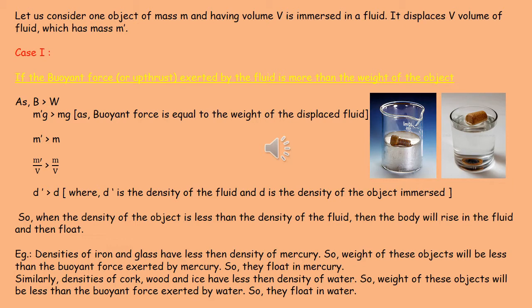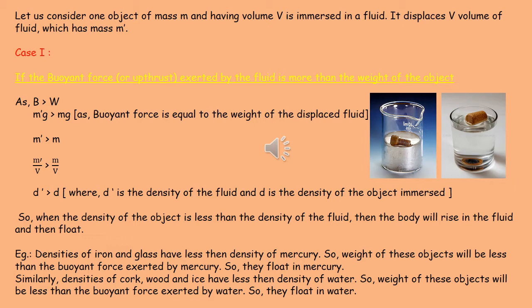It is assumed that the mass of the immersed body is small m and the mass of the displaced fluid is m dashed. Note that the immersed object and the displaced fluid have the same volume but different masses because their densities are different.